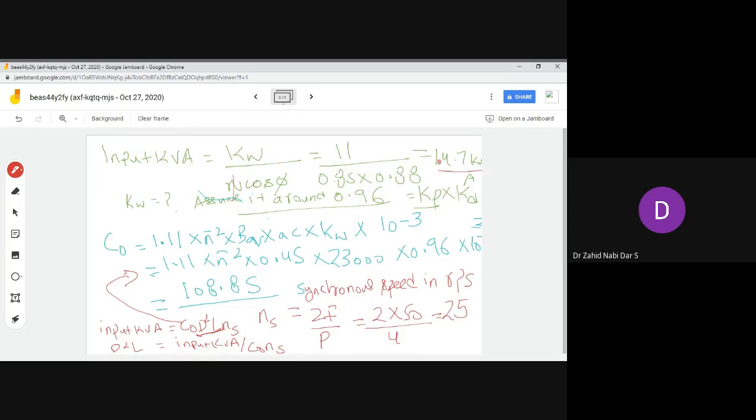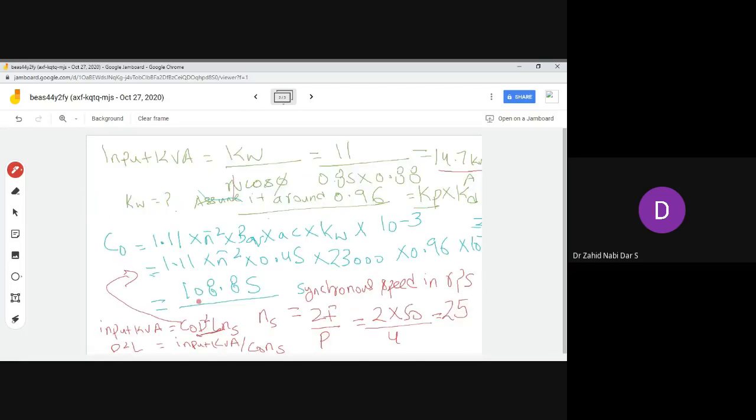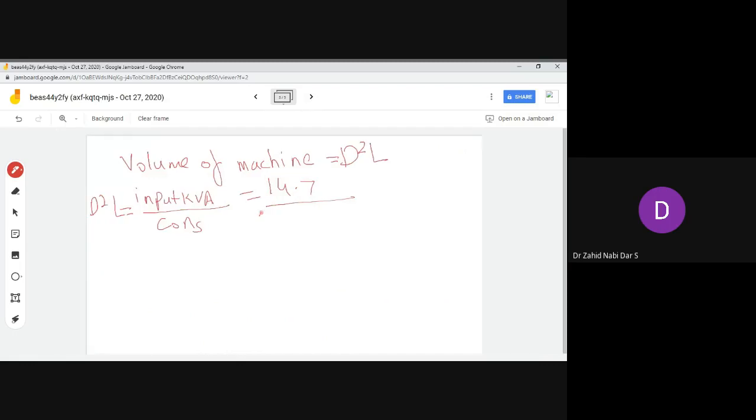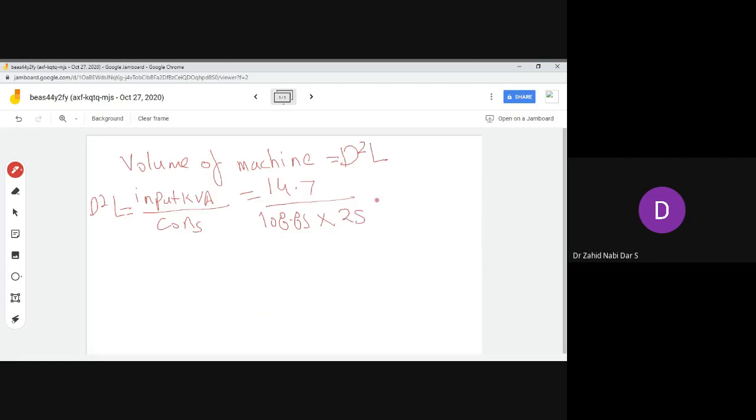So we can substitute 14.7 here. C naught we just saw, 108.85, so we substitute 108.85. NS we just calculated, 25, so we substitute 25. So we get the value of D square L. Tell me what value you are getting while substituting this.